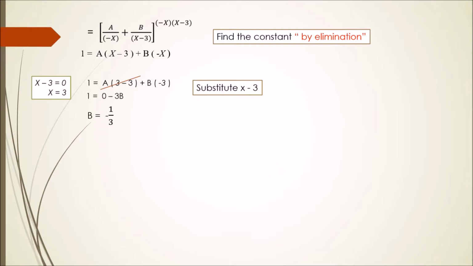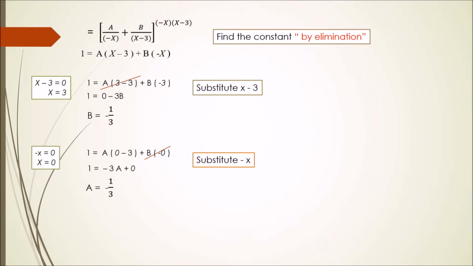So the answer for b is negative 1 over 3. After that, substitute negative x equals 0 and x equals 0. So b also can be eliminated. So the answer for a is negative 1 over 3.